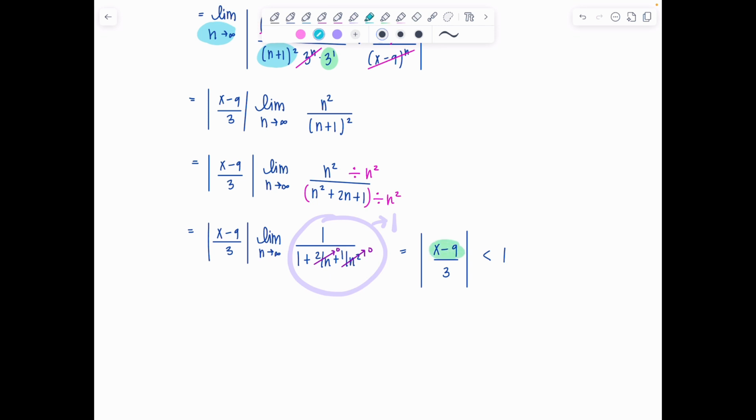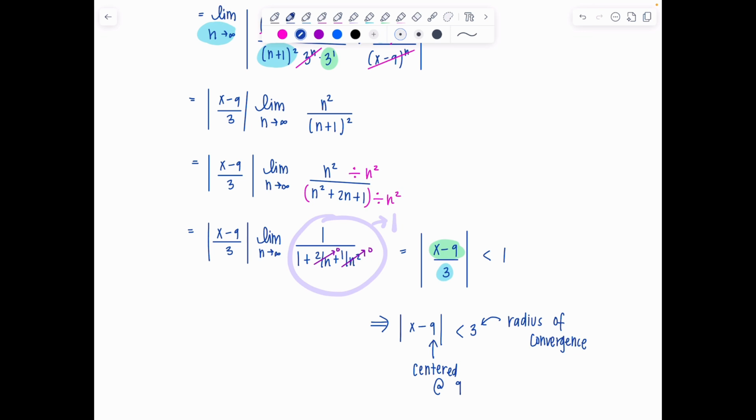So what I'm going to do is multiply 3 over to the other side. So this tells me that the absolute value of x minus 9 has to be less than 3. And that's my radius of convergence. My power series is centered at 9.